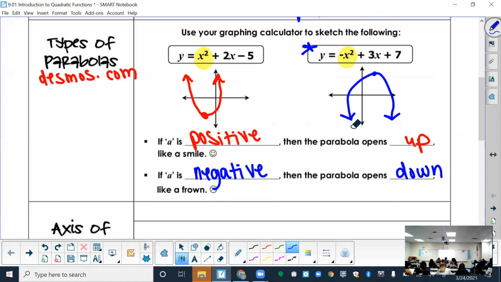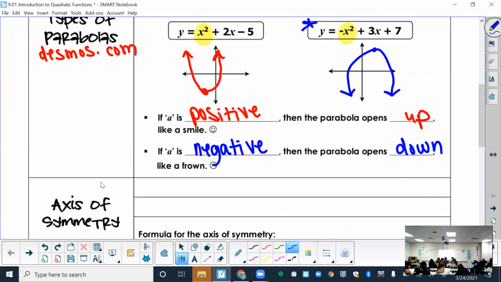The next thing we're going to look at, another new vocabulary word, is called axis of symmetry. What does symmetry mean? It's the same on both sides.